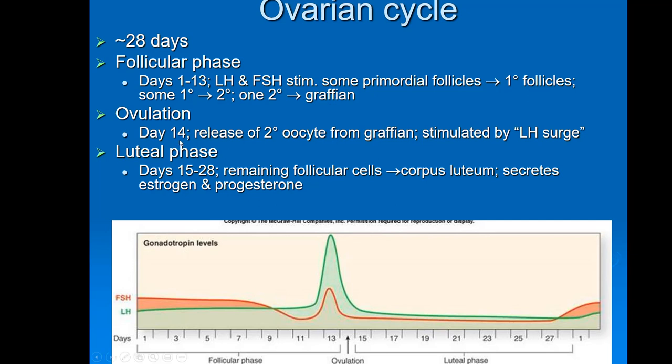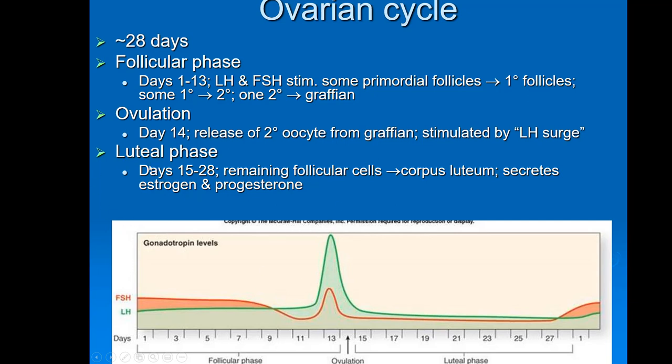Then on day 14, we get ovulation, the release of that secondary oocyte from the Graafian follicle, stimulated by a surge of luteinizing hormone. If you follow this graph, you can see FSH is elevated during the follicular phase, driving the follicles. Then around day 14, you see a huge spike in luteinizing hormone, which stimulates ovulation.